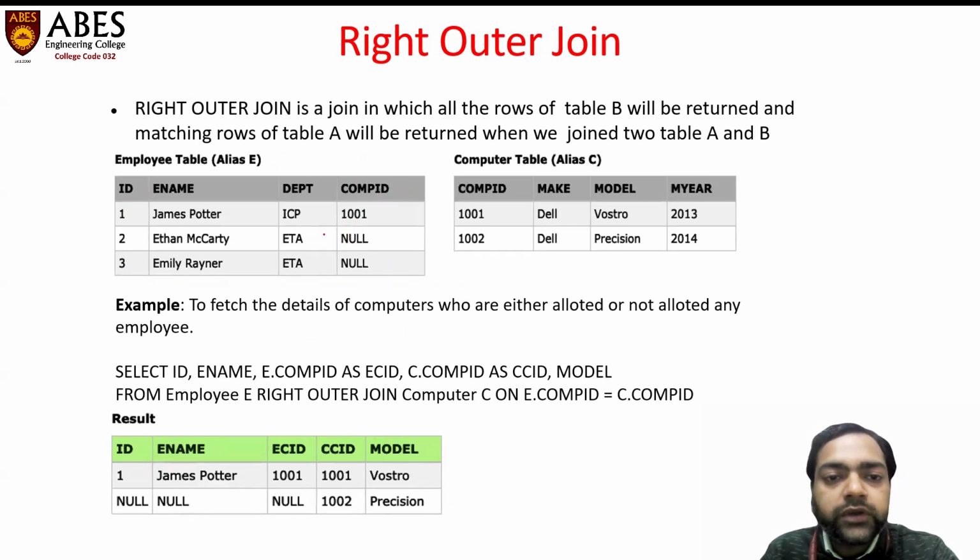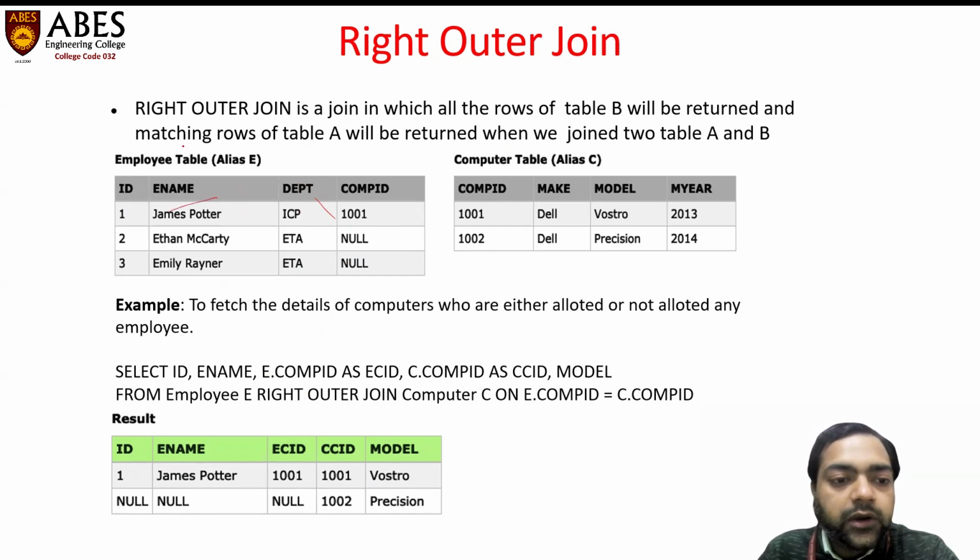We have right outer join, left outer join, and full outer join, and first of all we perform inner join. It means all the matched tuples will be returned in the resultant relation. And if we use right outer join, all the unmatched tuples from the right table will also be considered in the resultant relation, right?